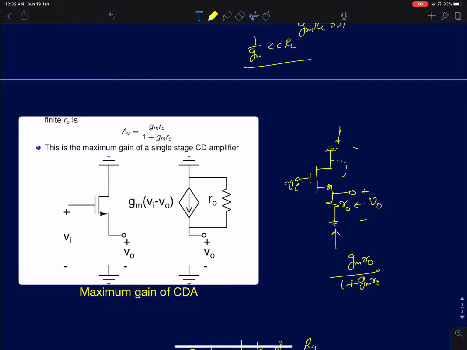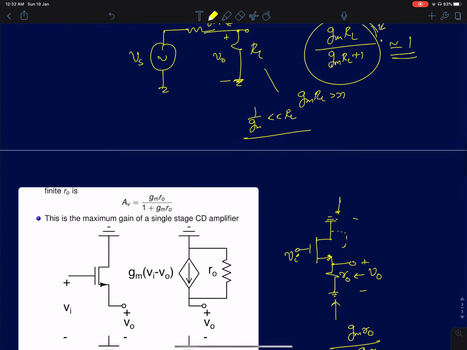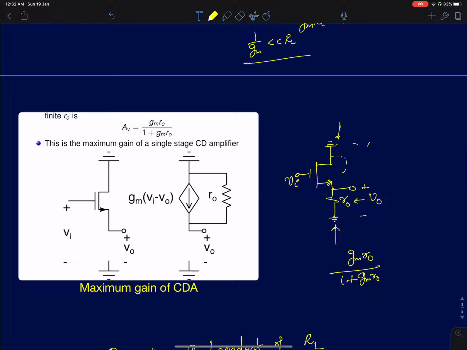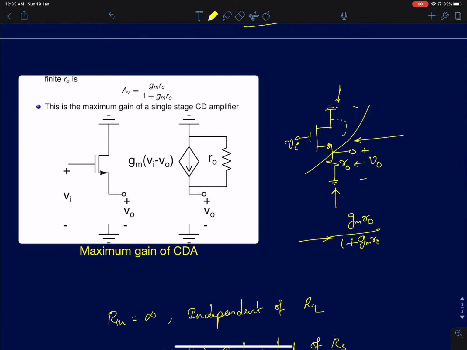I've just derived it for a finite load resistance RL, and we can apply a similar procedure. You can always find the equivalent circuit seen by r0, and that's going to be Vi, with voltage gain of 1. So you will see Vi with a source resistance of 1 by gm. If you do a simple potential division of 1 by gm and r0, you will get this expression. I'm saying this pretty fast, but I think by now you're comfortable enough to understand.